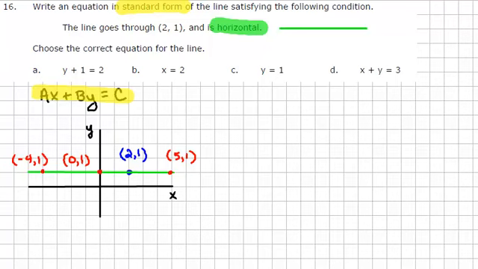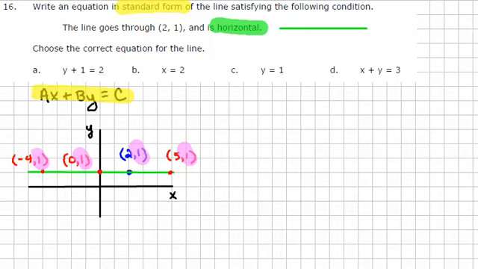What do all of our points have in common? Well, notice that the y-coordinate of every single point on the line is the same. The y-coordinate of every point on the line is 1.